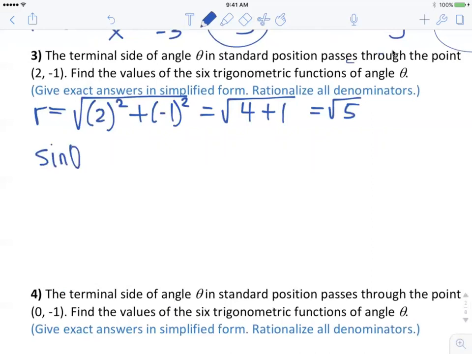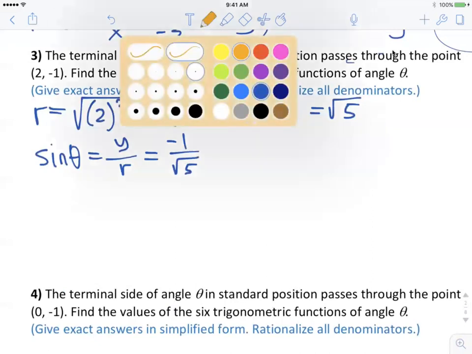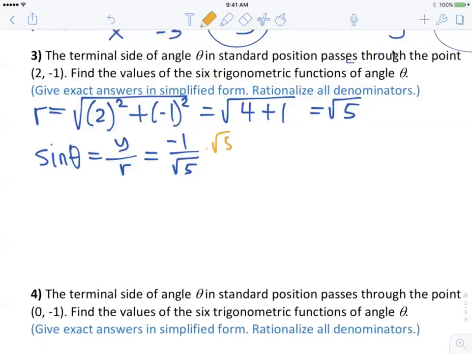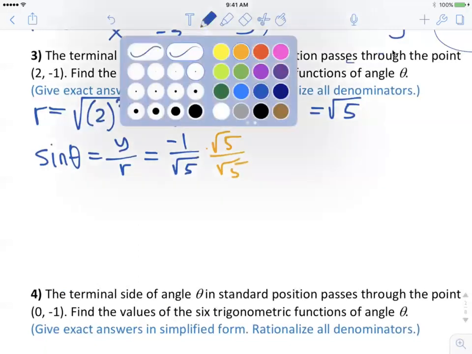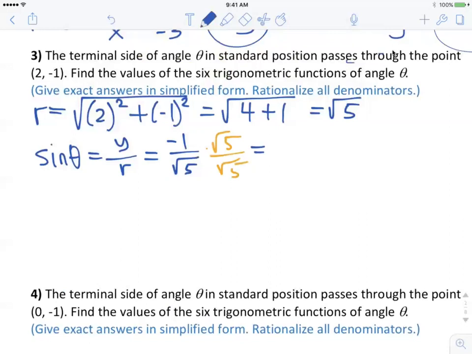Sine theta, y divided by r. Y is -1, r is square root of 5. Rationalizing that, got to multiply by square root of 5 over square root of 5. And that's going to be, so negative out front, square root of 5 over 5.